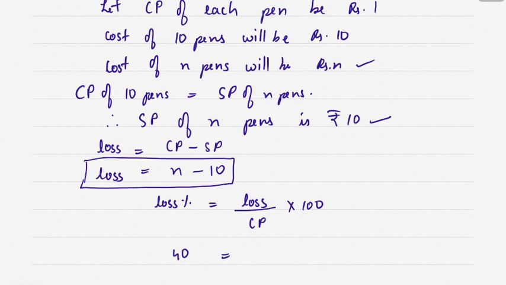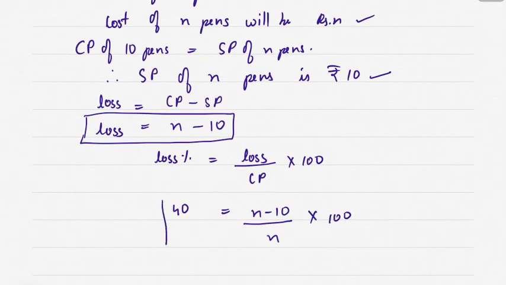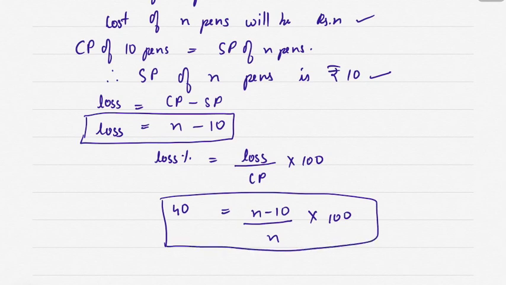Okay, and loss is n minus 10. Cost price is n, correct? Cost price of n pen is n, right? So into 100. Now you got the equation. You have to solve this equation and find the value of n.